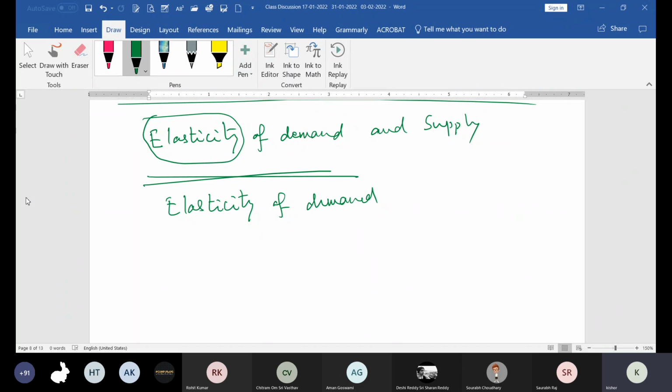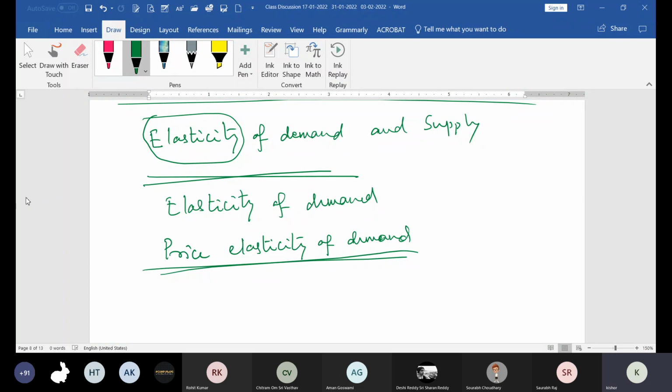One of the very important parameters in case of demand is the price of the product. So first we will talk about price elasticity of demand. That we are going to discuss.